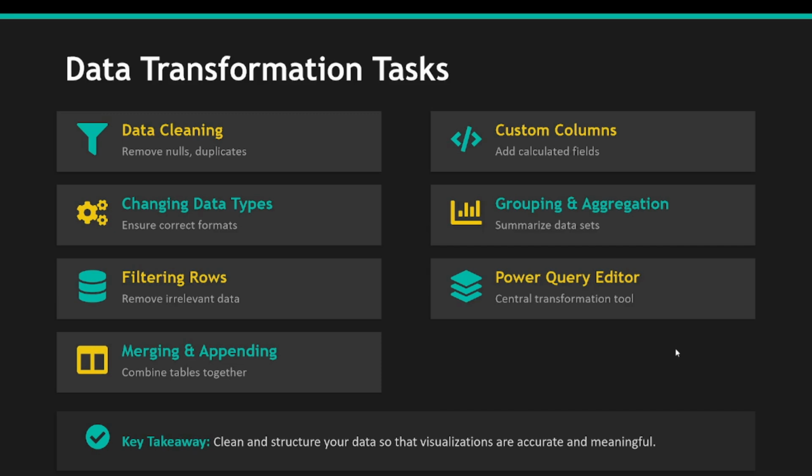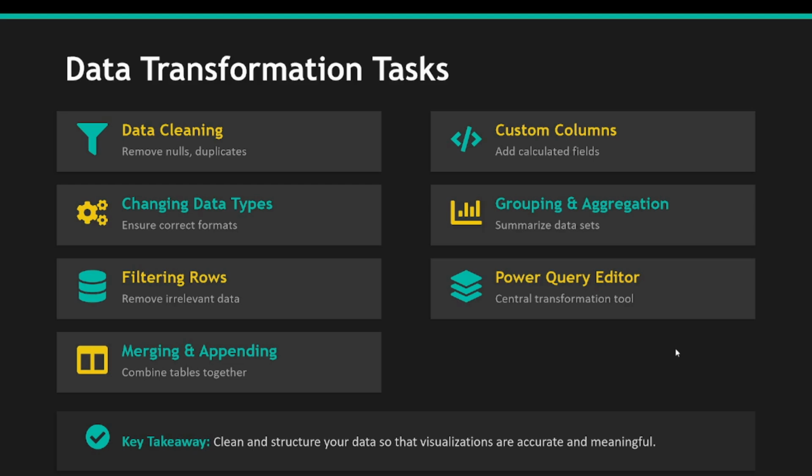The fourth task is merging and appending tables. In real world scenarios, your data is rarely contained in a single table. It is spread across multiple sources such as different Excel sheets, database tables, or API responses.